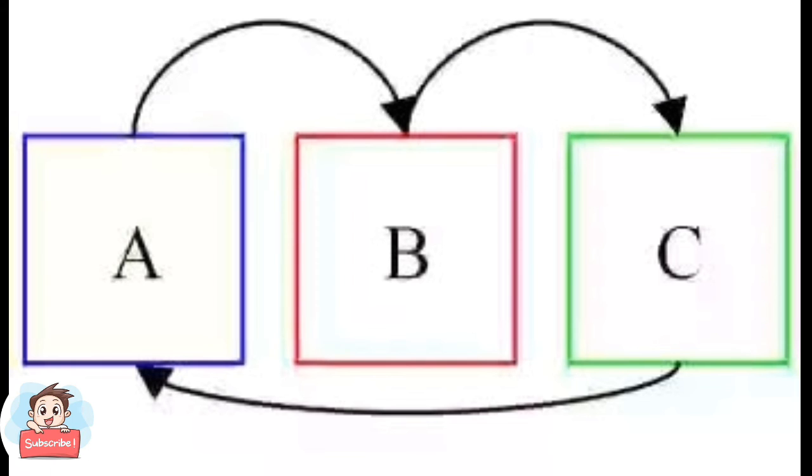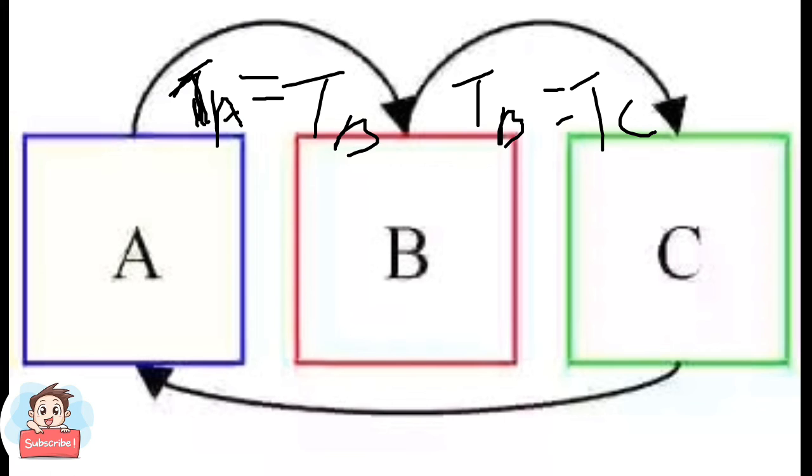We know thermal equilibrium means the temperature is constant throughout the system. That type of system is called in thermal equilibrium. Similarly, when body A and body B have equal temperature, and body B and body C have equal temperature, finally body A and body C are also at equal temperature. So this is about the zeroth law of thermodynamics.